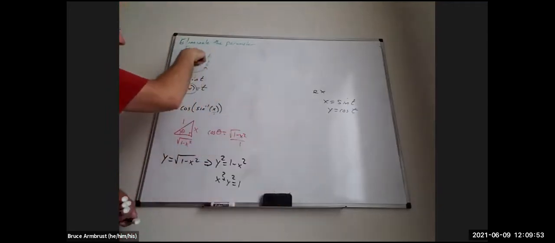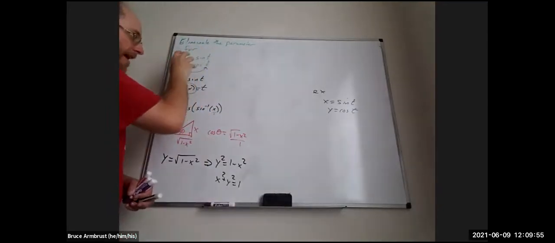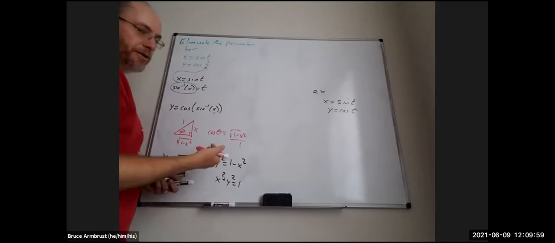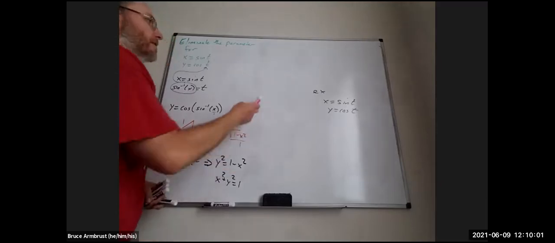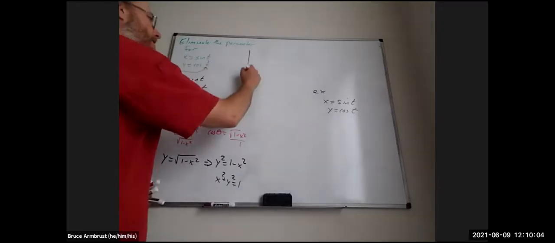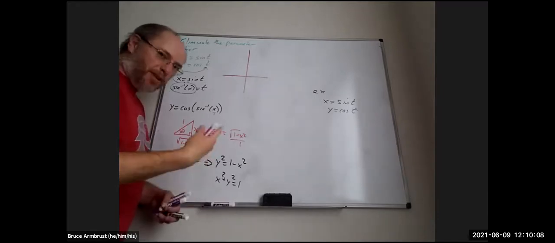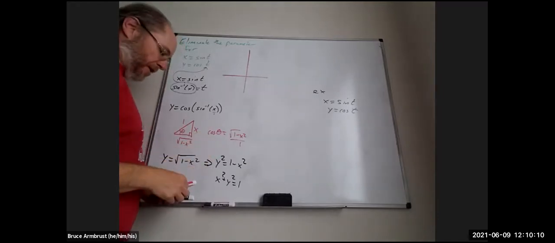So this parametric set actually gives us a circle, or at least part of the circle. We're not going to actually know how we're traversing this until we plug in t values and see what's going on.